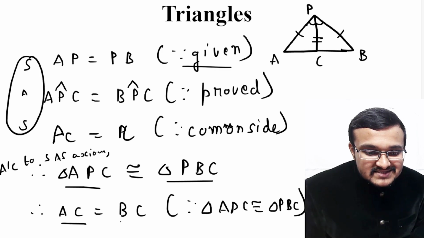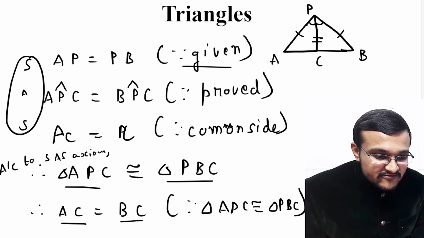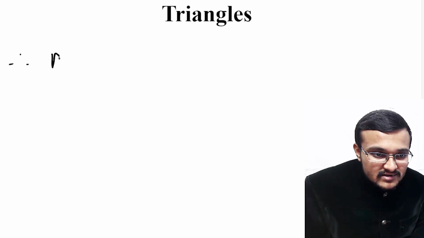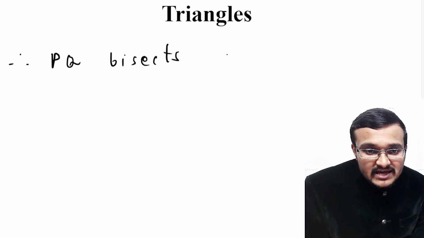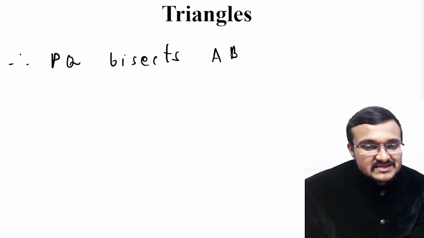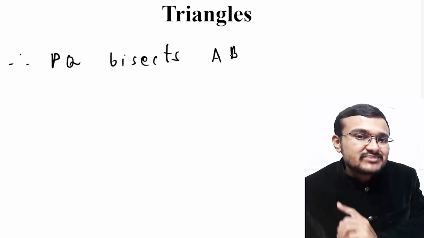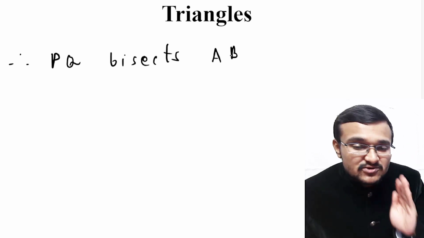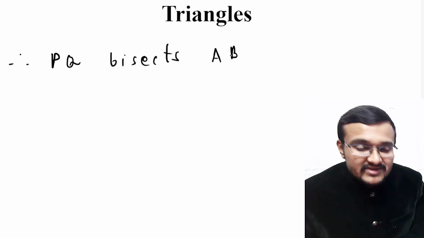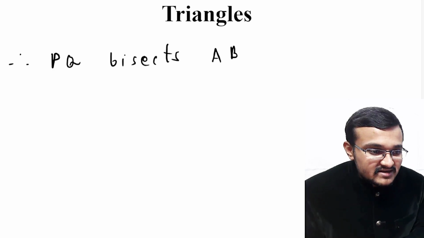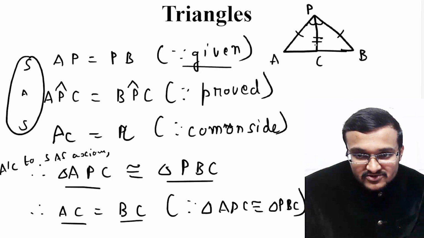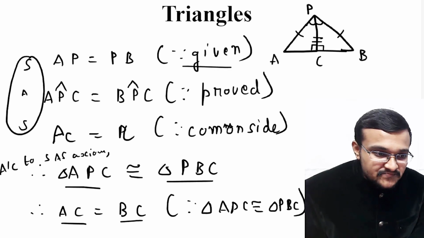So since AC is equal to BC, therefore PQ bisects AB. Now we have proved that PQ bisects AB. We have to prove that PQ is perpendicularly bisecting AB, because we have to prove PQ is a perpendicular bisector of AB. So that means here these two angles we have to consider, which will be equal to each other.